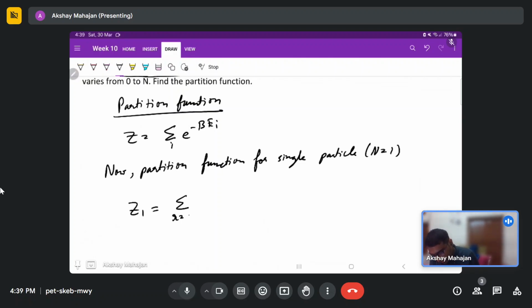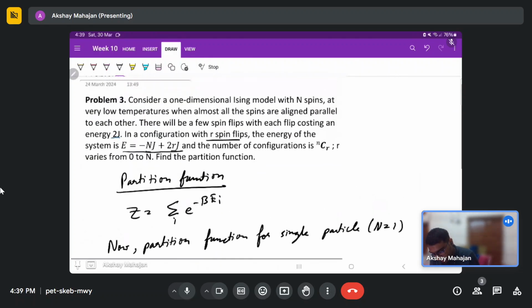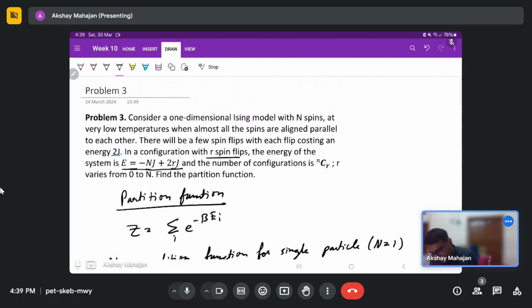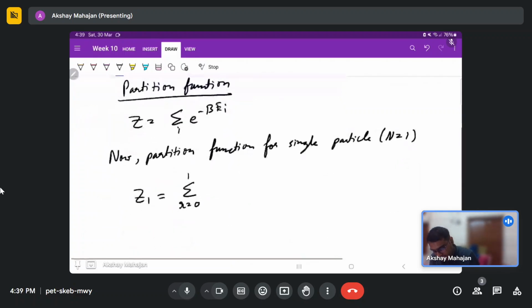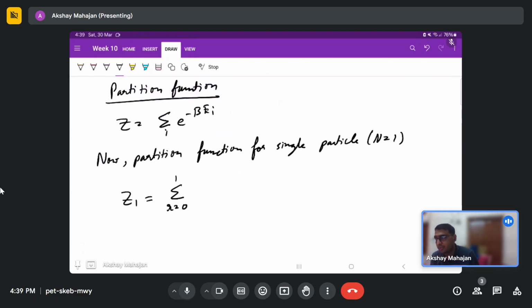So R goes from 0 to 1. In the energy functional, minus NJ is a constant, plus 2RJ, and R varies from 0 to capital N. Since N equals 1, the partition function has R from 0 to 1 of e to the power minus beta times the energy for one particle.